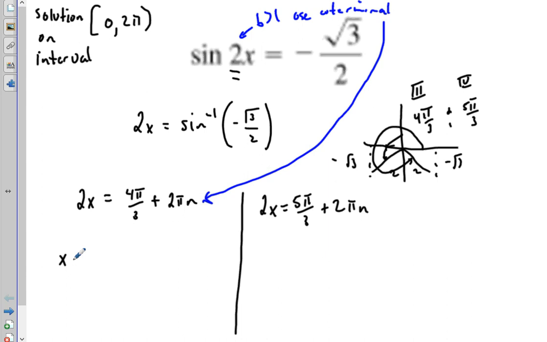When we divide by 2, what we'll have is 4 pi divided by 6 plus 2 pi n divided by 2, which just turns into pi n. Same thing happens over here: we have 5 pi over 6 plus 2 pi n divided by 2.